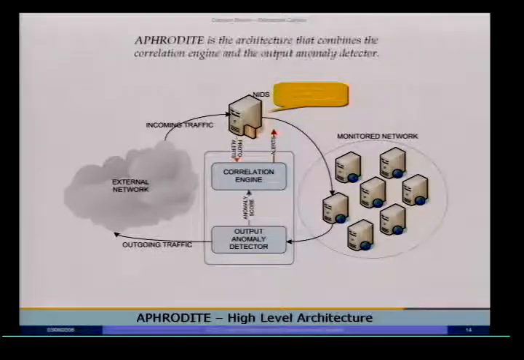But the output anomaly detector is Poseidon, our anomaly detection-based system.